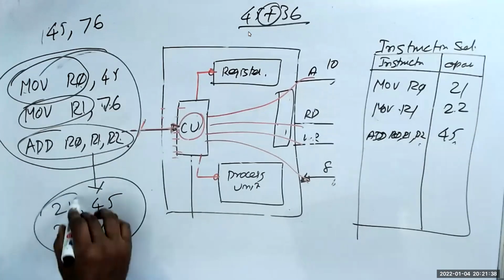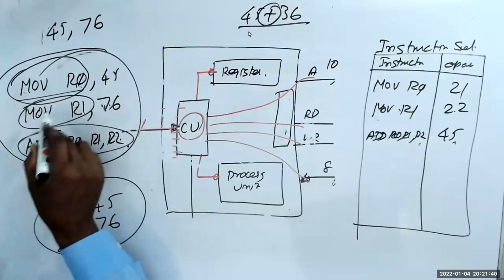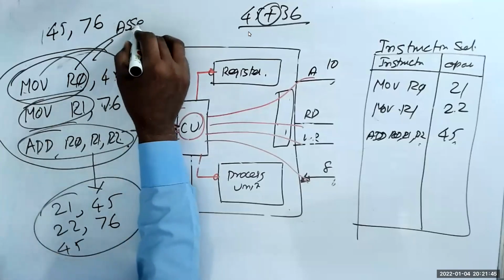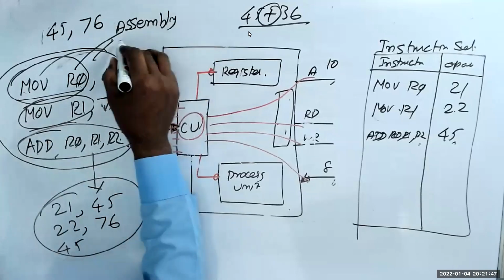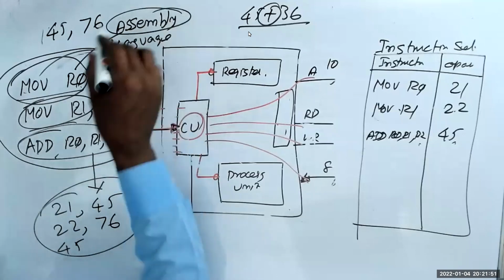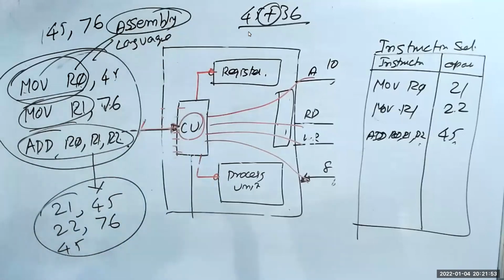Understand? This cryptic language is called assembly language. Why do they use the word assembly? Because in those days, about 100 years back when this was invented, the very famous thing was mechanical assembly machines.